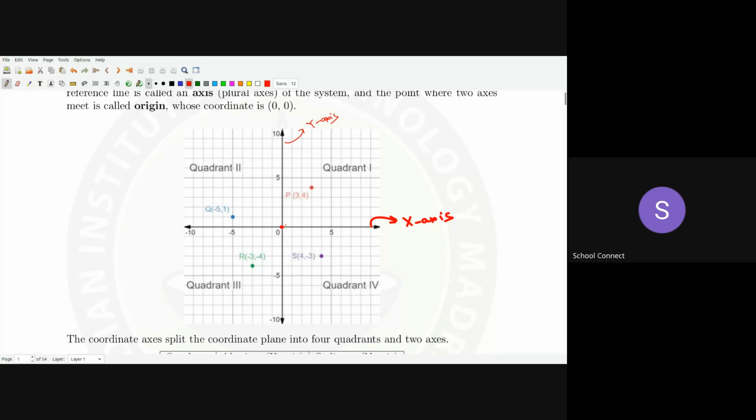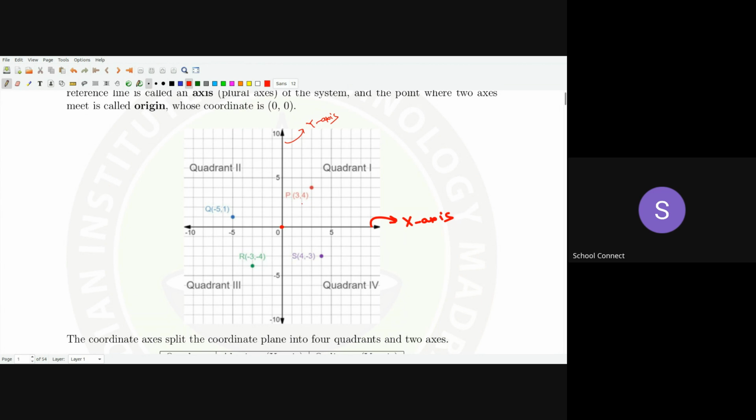Any point you pick on this plane has two coordinates. The first coordinate is called the x coordinate. The second one is called the y coordinate. It will be like a pair, 3 comma 4. Here 3 comma 4 denotes that the x coordinate of this point is 3 and the y coordinate of this point is 4. What do 3 and 4 represent?